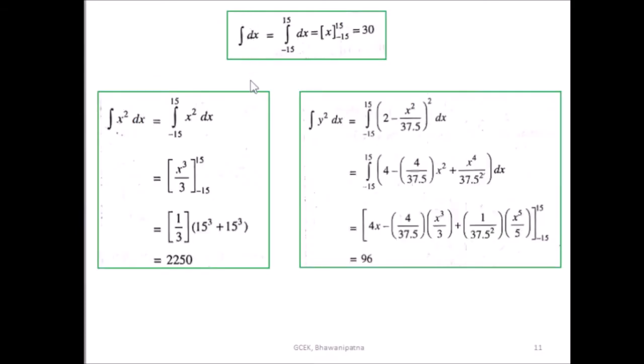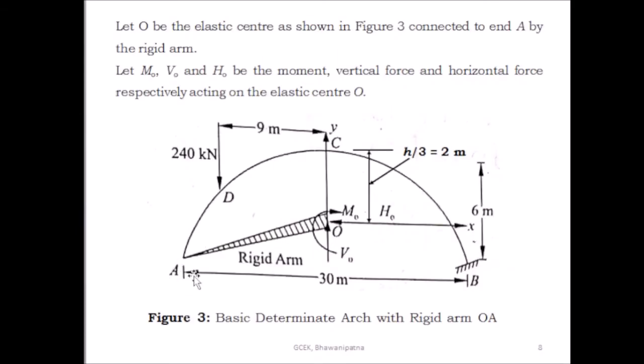First find out the integration of dx. Here the integration limit is minus 15 to plus 15, because this is the elastic center. You are taking the elastic center at the origin, with the x axis and y axis, so this side is negative and this side is positive.